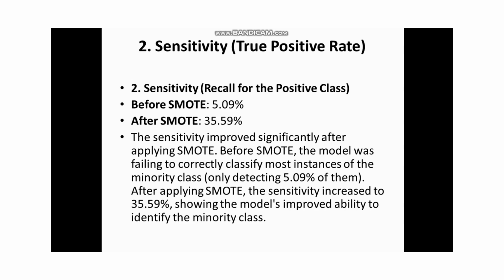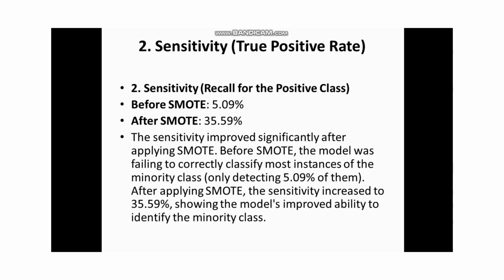For sensitivity, before SMOTE was 5.09%. After SMOTE we're having 35.59%. The sensitivity improved significantly after applying SMOTE. Before SMOTE, the model was failing to correctly classify most instances of the minority class, only detecting about 5.09% of them.